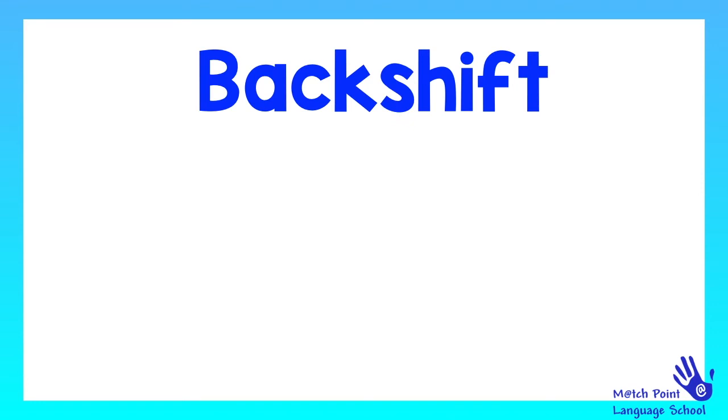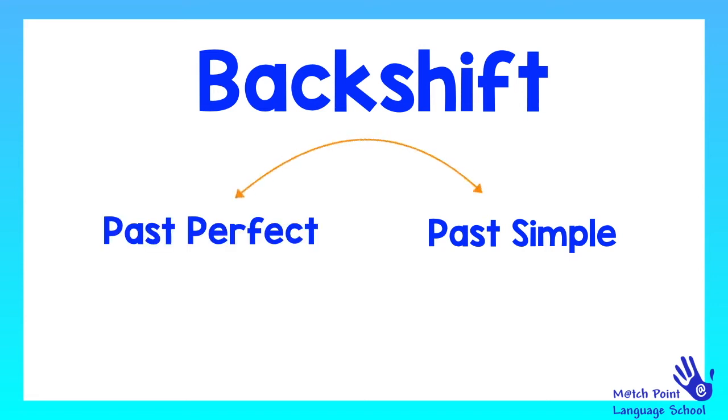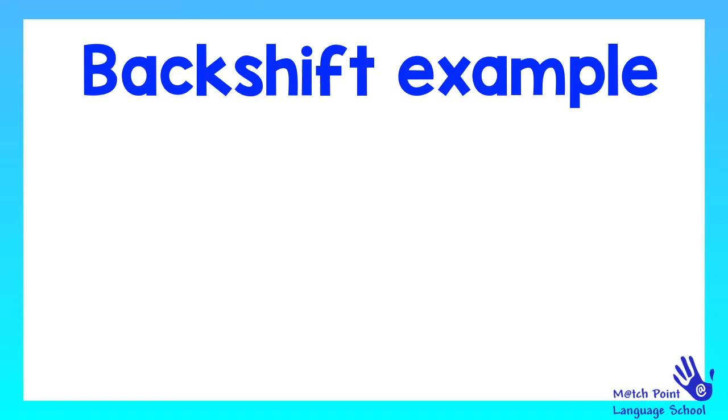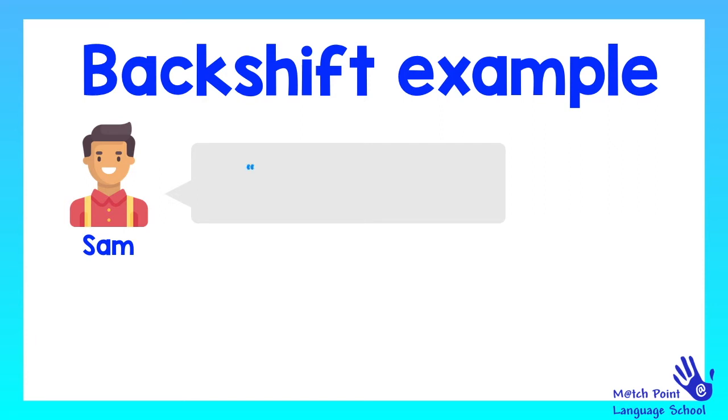Let's continue with the past simple. If our verb is in past, alright, it will change into past perfect. This means that we have to use had plus past participle. Let's see an example. Sam says, "I washed the car yesterday."